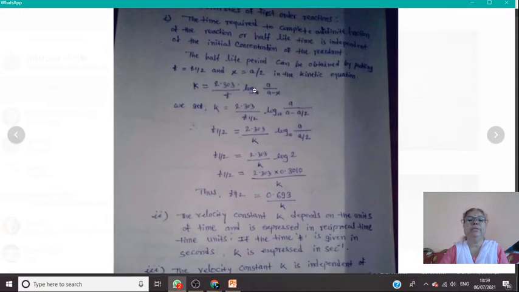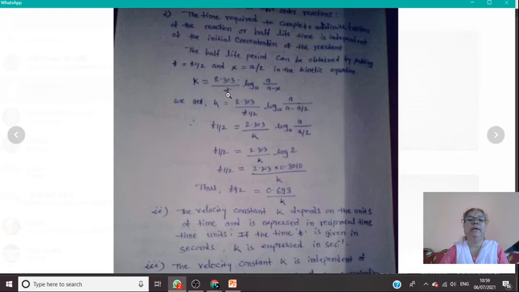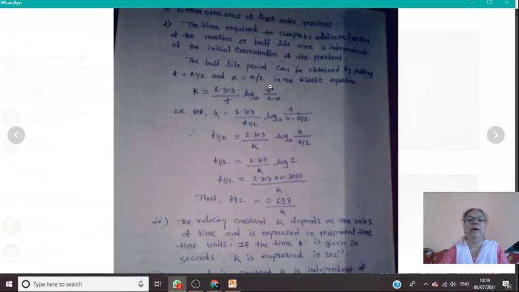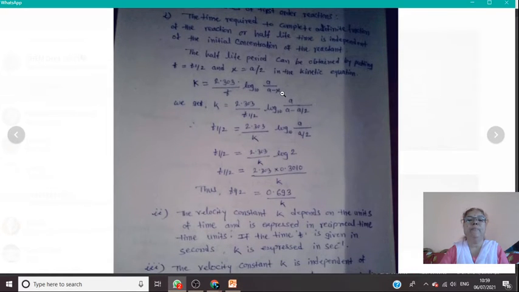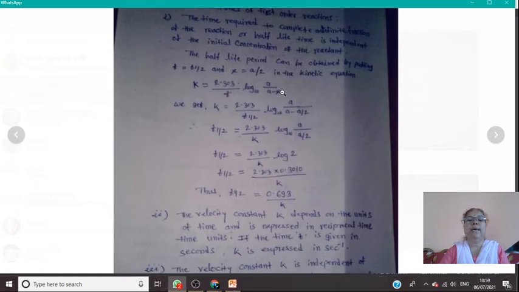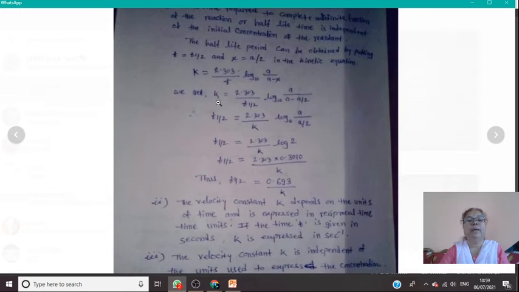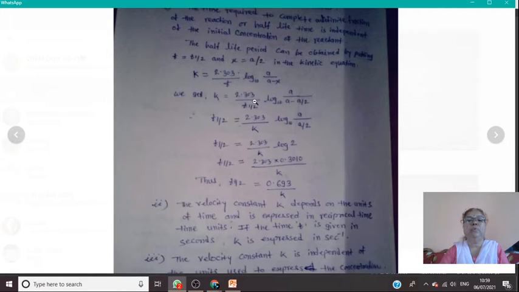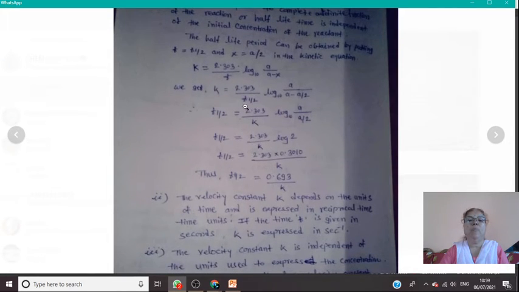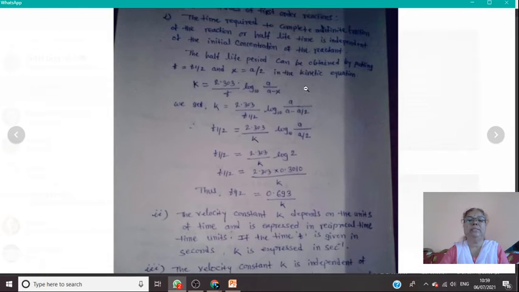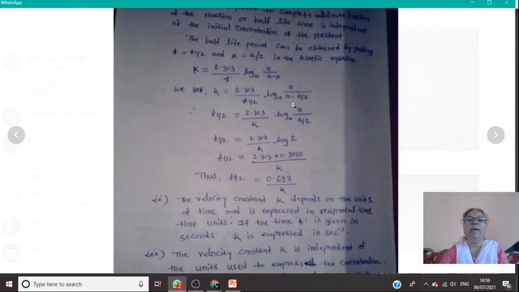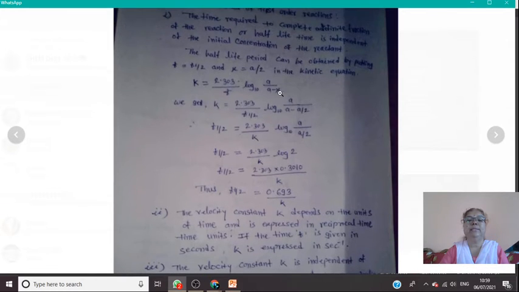In this equation, when we put t as t1/2 and x as a by 2, that means half reduction, we get K equals 2.303 upon t1/2 into log to the base 10 a upon a minus x, where we have put x as a by 2.